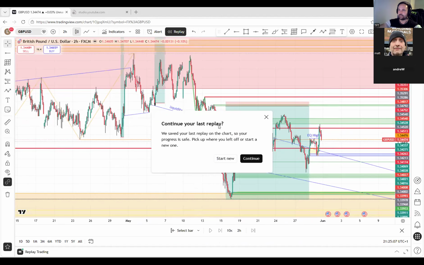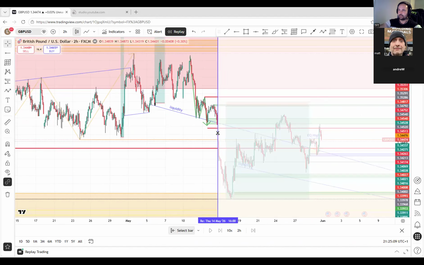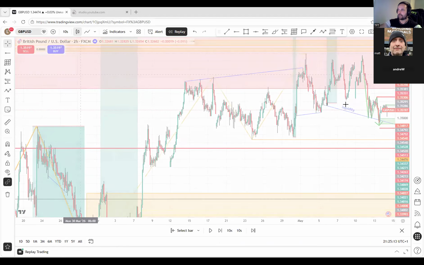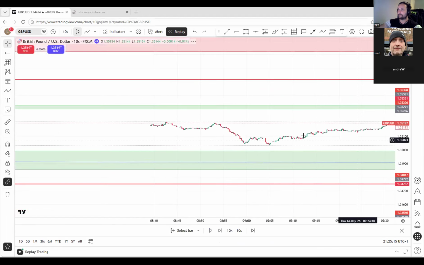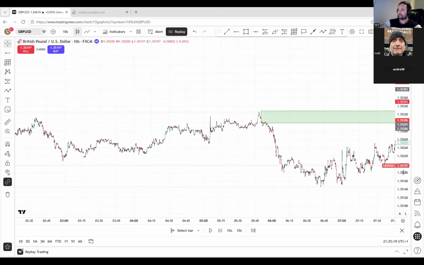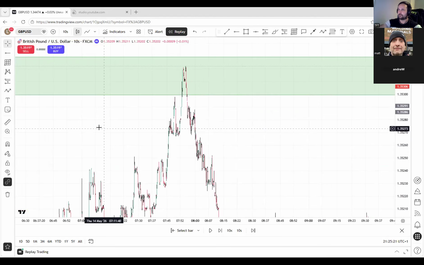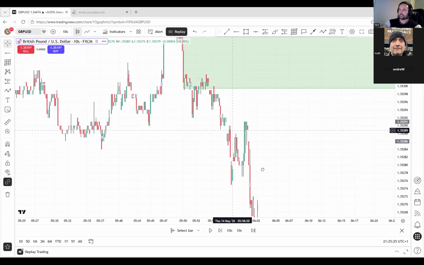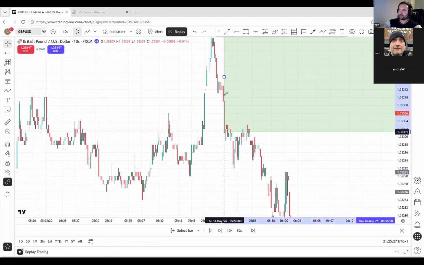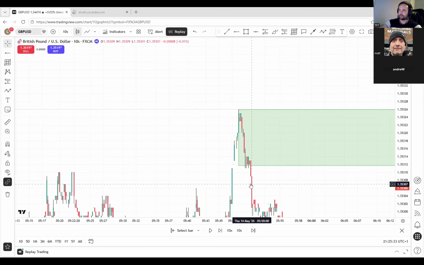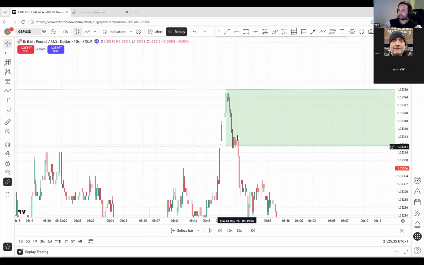Take a quick look, see what the actual thing would have been. No reason why we can't. Look at that at the top of that. Yeah, big push from this little order block here.